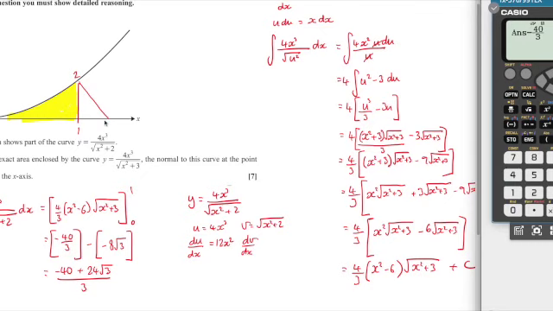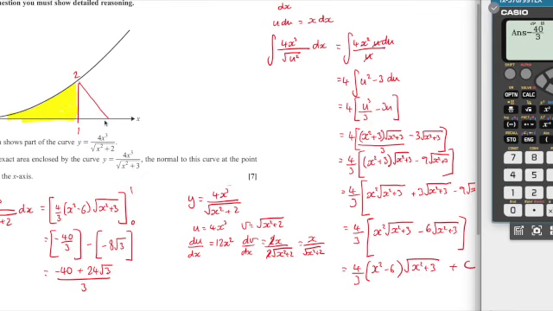So we're going to do the differential of the inside, so that is 2x, and then multiplied by the outside differentiated. So if it's u to the half, that'll be half u to the minus half. So that'd be over 2 root x squared plus 2. So the 2's are going to cancel out. So that's just x over root x squared plus 2.